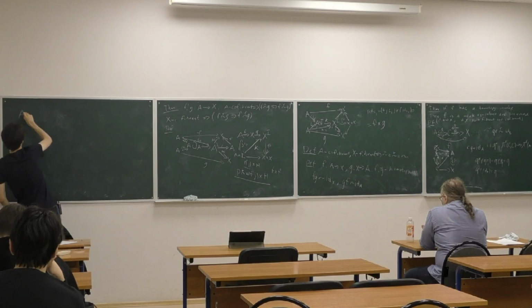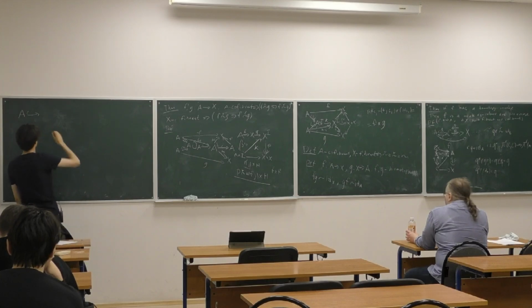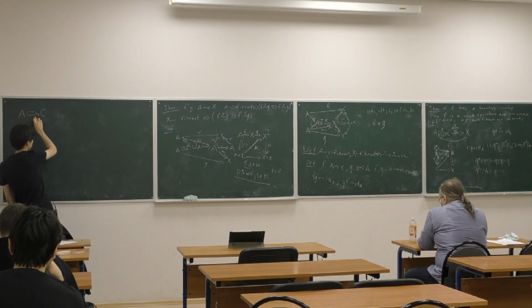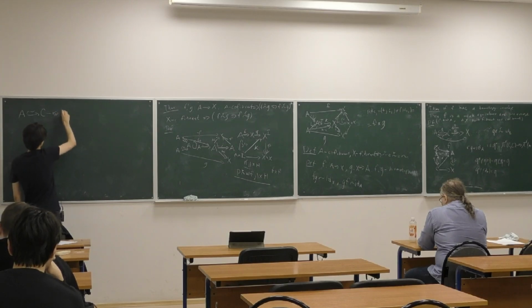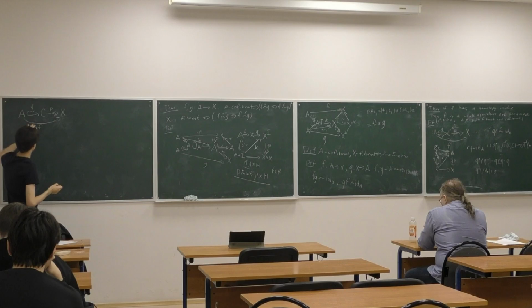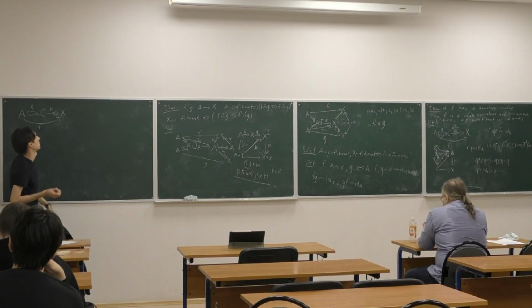We can represent F as a composition of two maps: an acyclic cofibration and just a fibration, F equals P Q. So if we prove that P is a weak equivalence, then by 2 out of 3 we say that F is also a weak equivalence, and we are done.